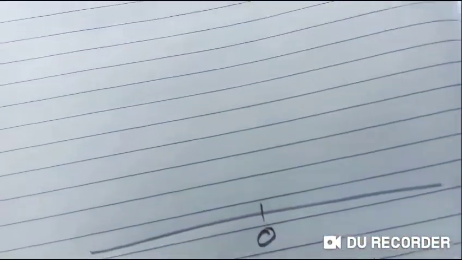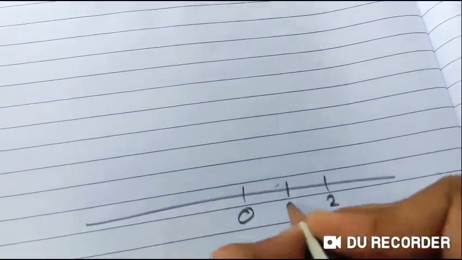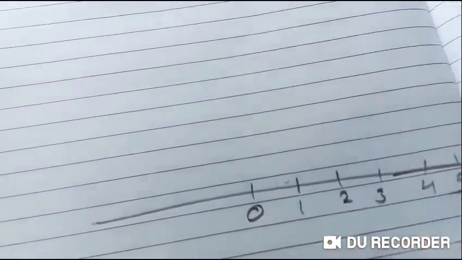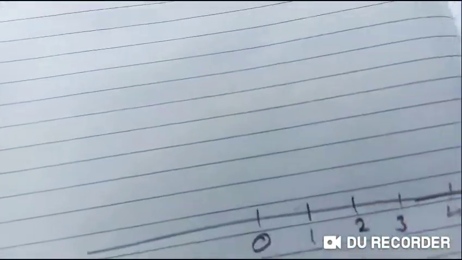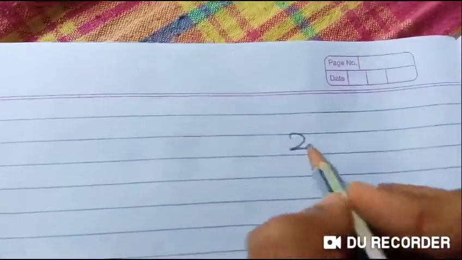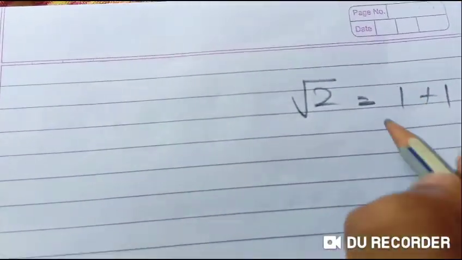Similar steps. Draw a number line. 0 over here. 1, 2, 3, 4 and 5. Now how will you define 1? When you had to find root 2, you did 1 plus 1, right?